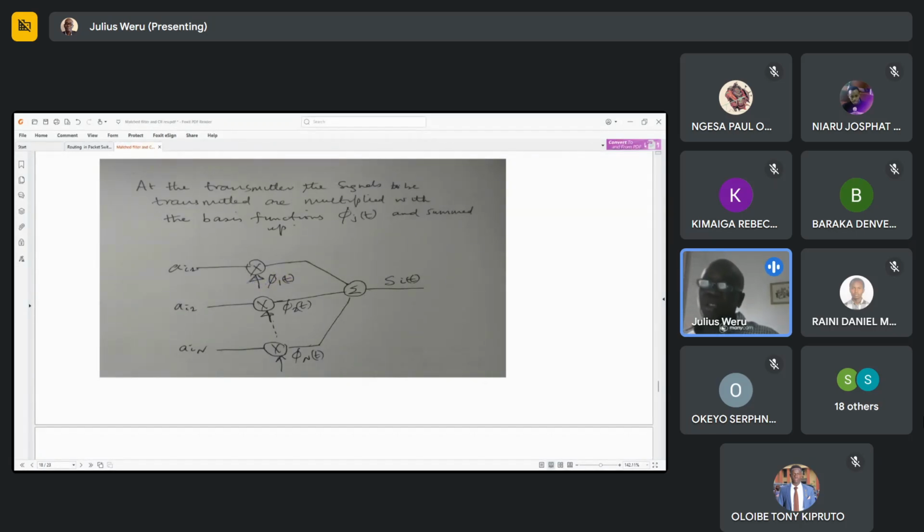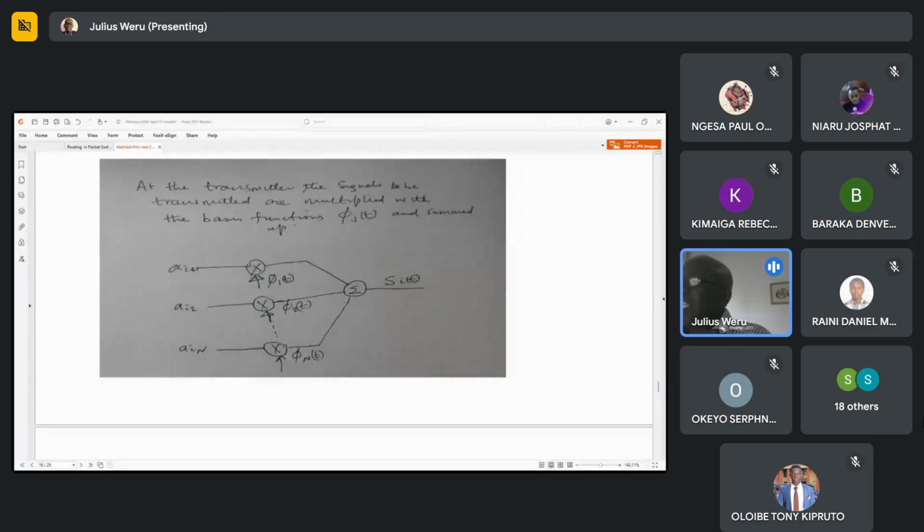It is a cosine waveform, yeah? And then we combine that. You can remember our QPSK, how it looked, yeah? So we get that, and we get our output Si(t).